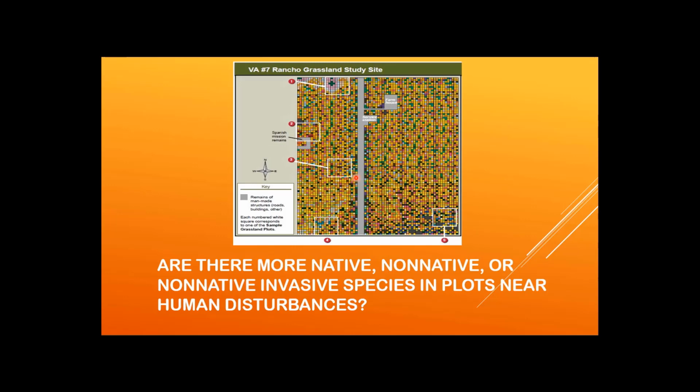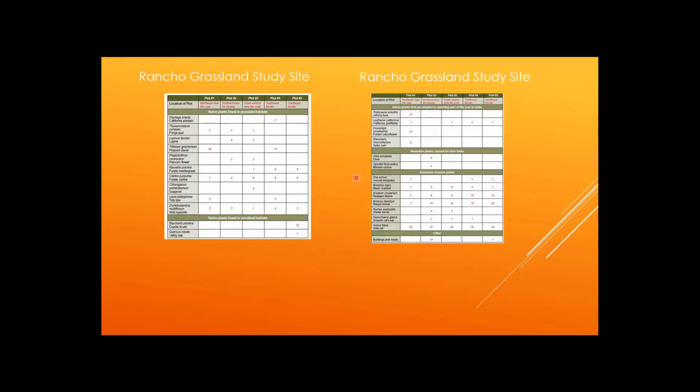Are there more native, non-native, or non-native invasive species in plots near human disturbances? Well, to answer that, we need to revisit data from your grassland survey of plot 2 and plot 4 to find out. You might remember the answer already, but let's revisit that data. And here it is.